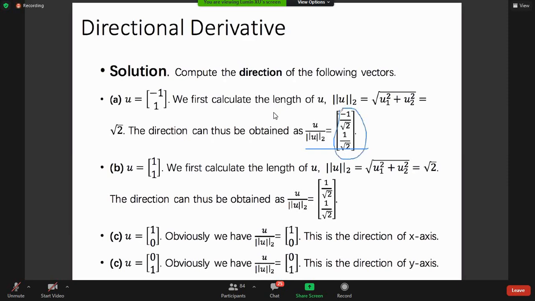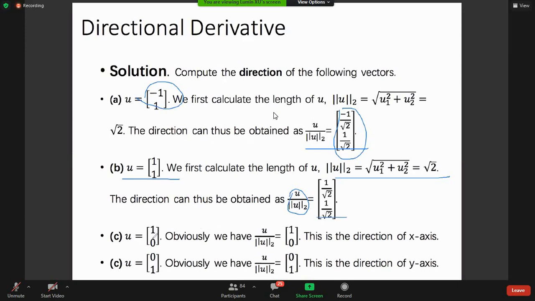It's the direction of this vector. And also for part B, we should also first calculate the length and use this definition to get the direction.